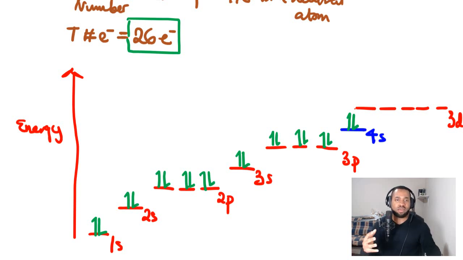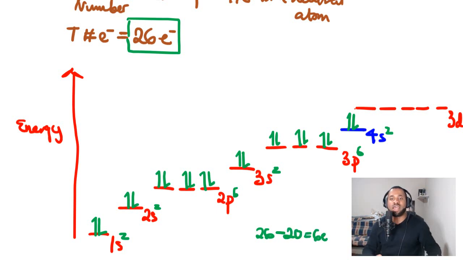So counting, we know that we're going to have 2 here, plus 2 gives us 4, plus 6 gives us 10, plus 2 gives us 12, plus 6 gives us 18, plus 2 gives us 20, and then finally 26 minus 20, we have 6 electrons left, and the 6 electrons go into the 3d.